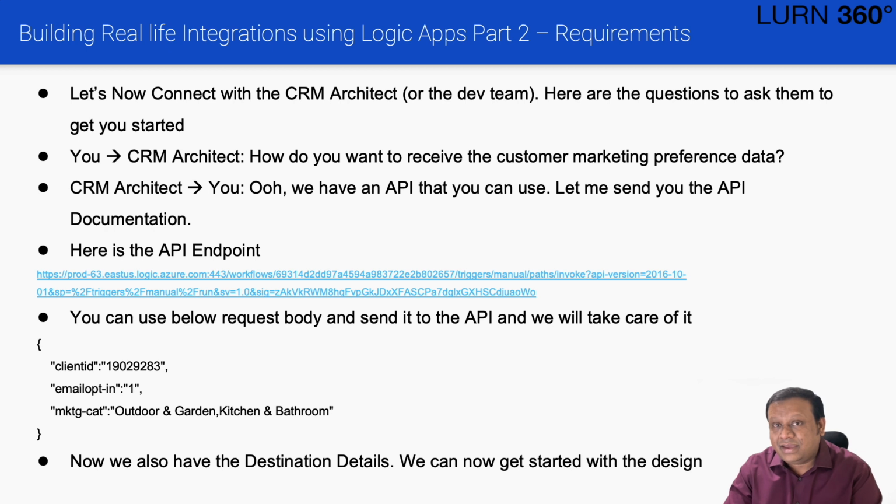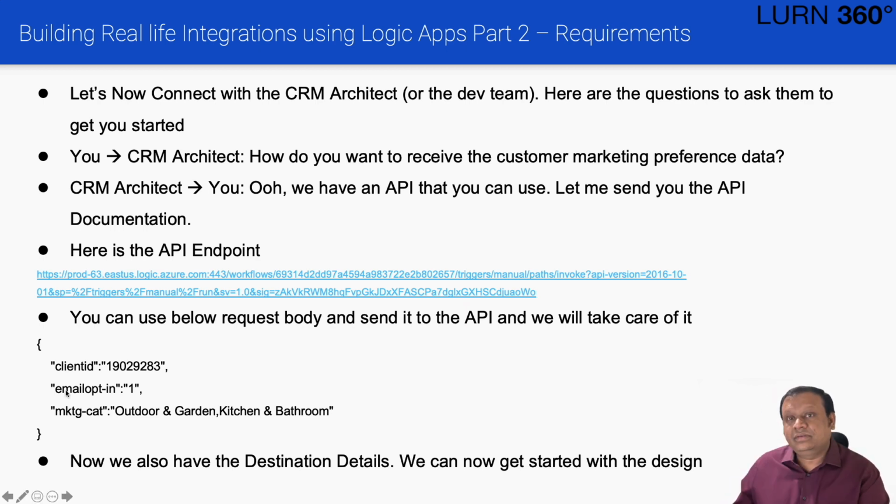Do they have an API? Do they want this in some database? Do they want a file? So you ask them and they tell you, okay, we have an API that you can use, and here is the endpoint of the API. You can send us the customer preference on this API and we'll take care of the rest internally. So your job is to send the data to this API.